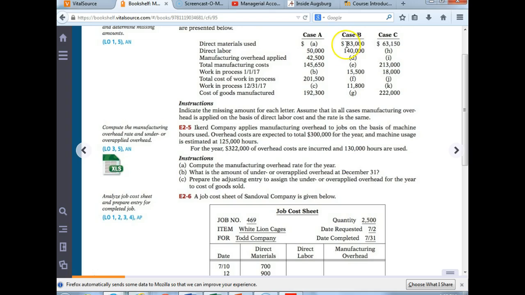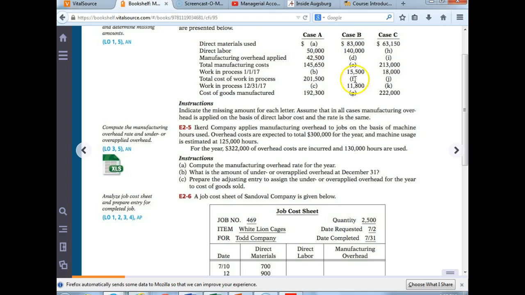So E is going to be a summation of the 83,000 plus the 140 plus the 119, which equals 342. 342, the total manufacturing cost, plus our work in process of 15.5 equals F, which would be 357.5. Make sense?